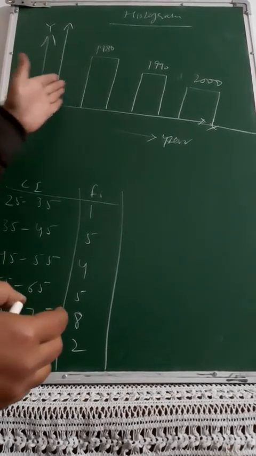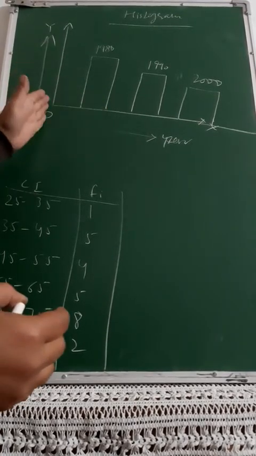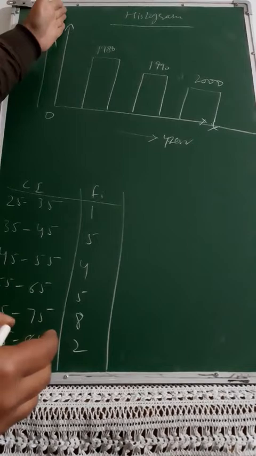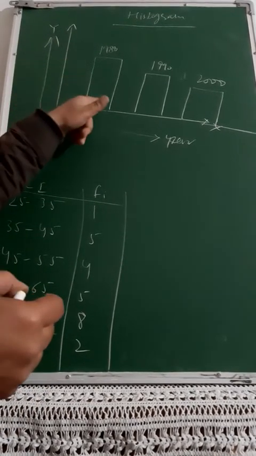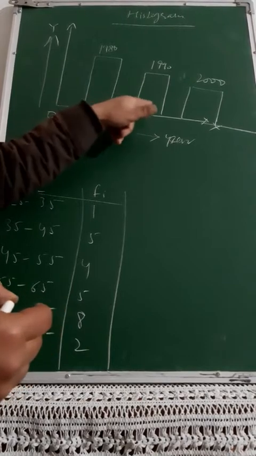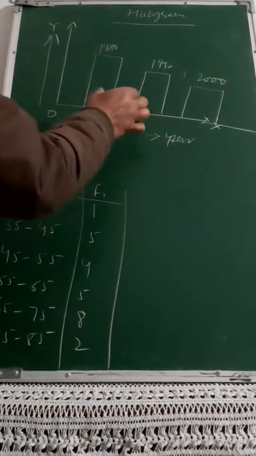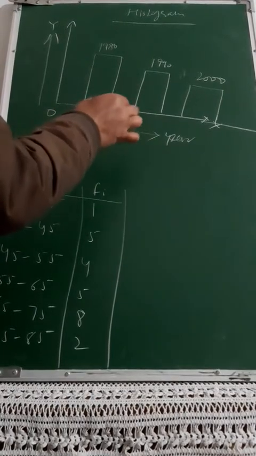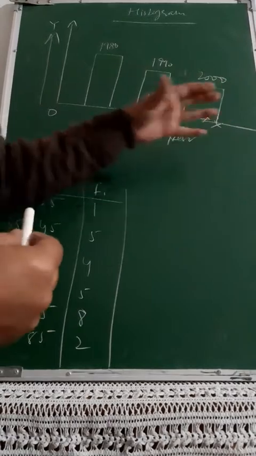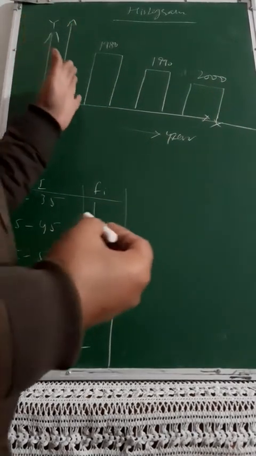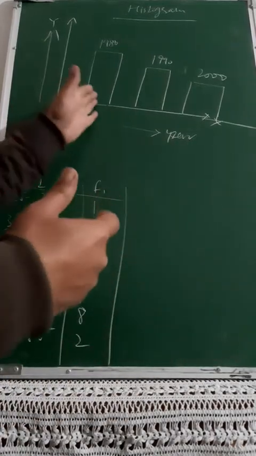You are free to decide how much distance to leave between the first bar and the y-axis, the vertical line of axis. And then the distance between the first and the second bar, whether it is 1 centimeter, half centimeter or 2 centimeters, depends upon the data, how many bars you need, and the availability of space in your graph. Accordingly, we need to take the decision.